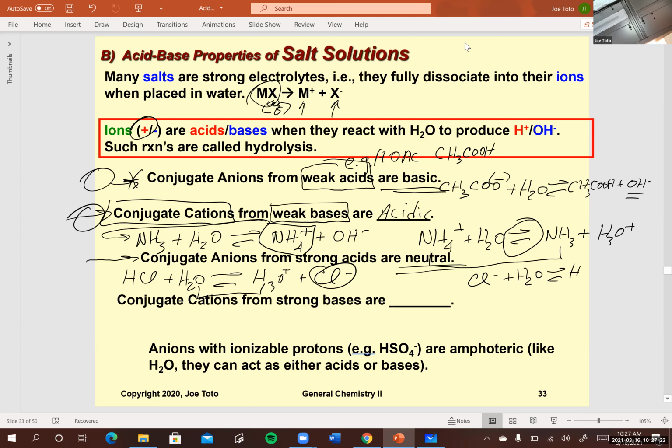Why is it neutral and not basic? Is it because the Cl minus acts as a spectator? Exactly. It's a spectator because it's the conjugate of a strong, and strongs don't form in water, they break up.